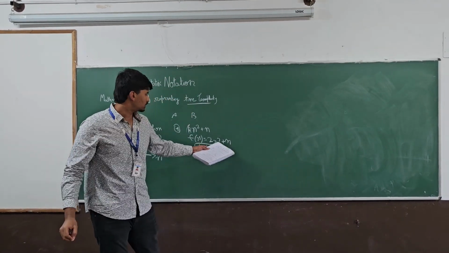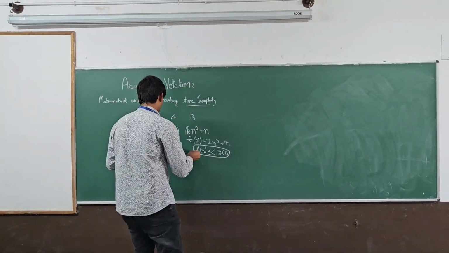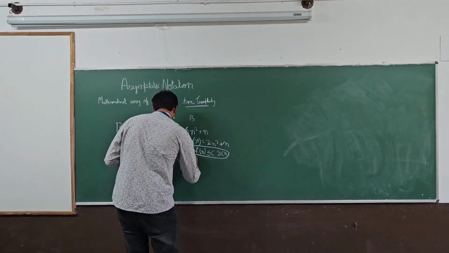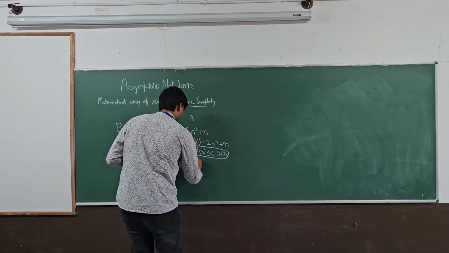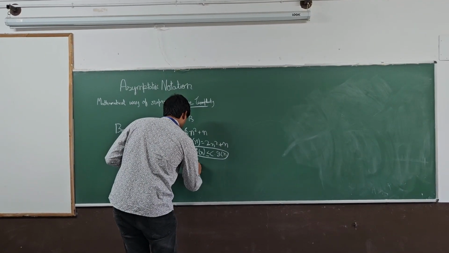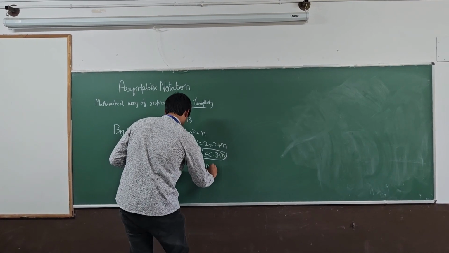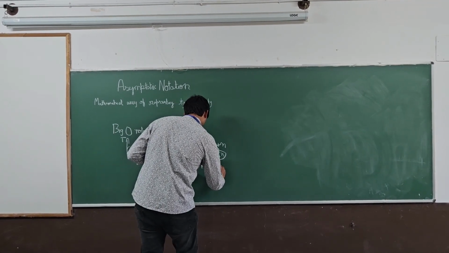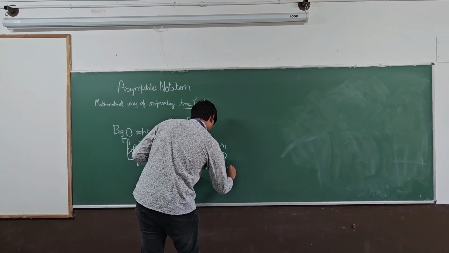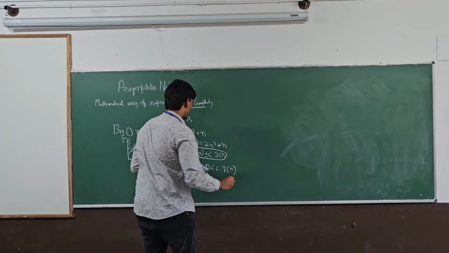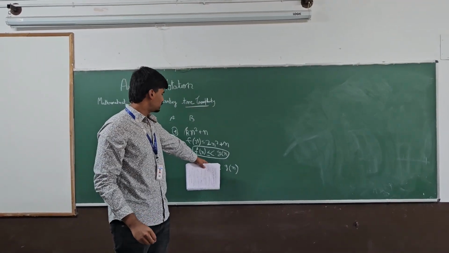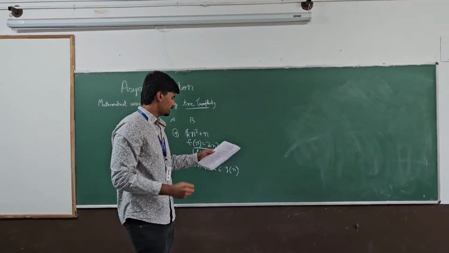It follows this condition when solving the problem. It can be written as 2n square plus n less than or equal to c dot g of n.